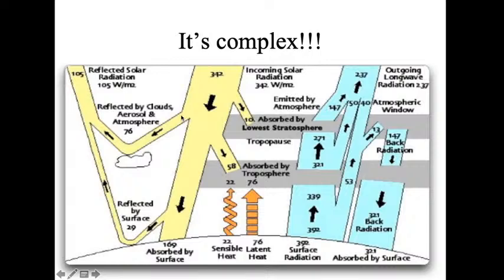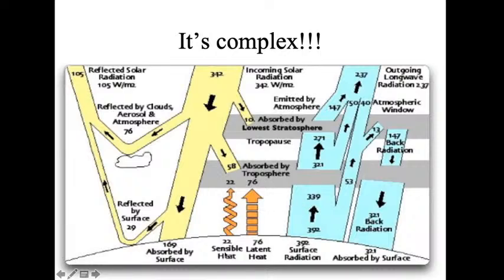Some other parts are being reflected by clouds and different particles. So it looks like 100 out of our 340 incident is immediately being reflected, and then the extra 237 would be absorbed either by the Earth's surface or the molecules, greenhouse gases in the atmosphere.